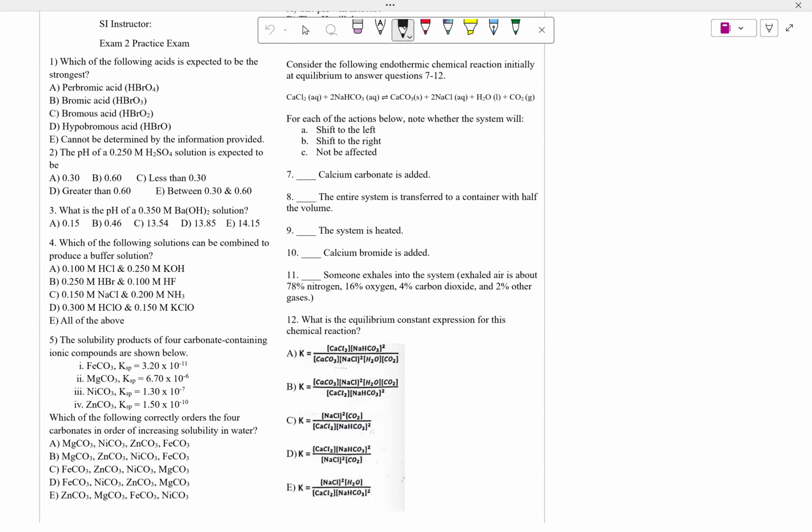If you're increasing the product, you're going to shift the reaction to the left, and now it's going to use up the hydrogen ions.